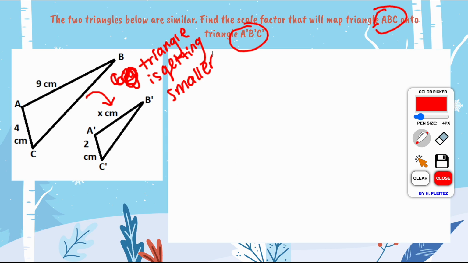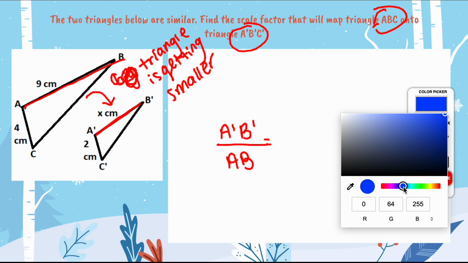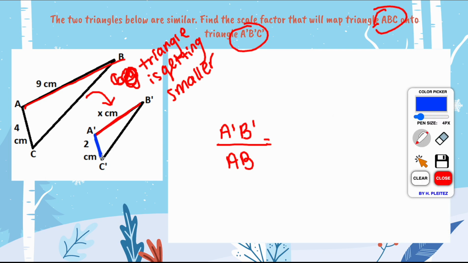The good thing about finding scale factor is that you already kind of know how to do it. If you remember from making our proportions, let's just make our proportions. Here we would have A prime, B prime over our corresponding side, AB, equals, using method 1 that we talked about, A prime, C prime over AC.